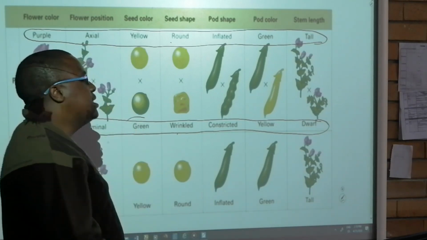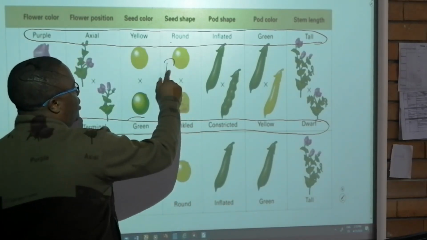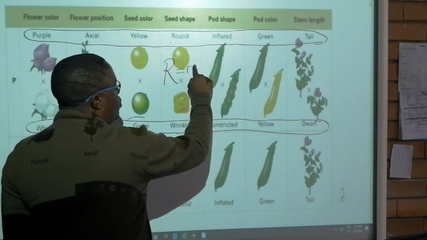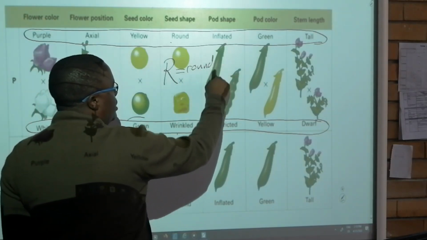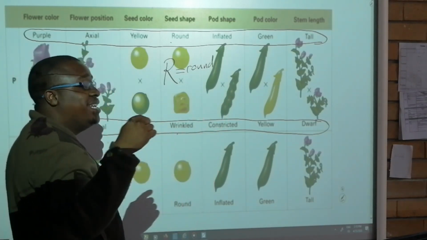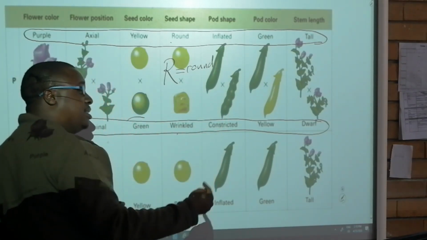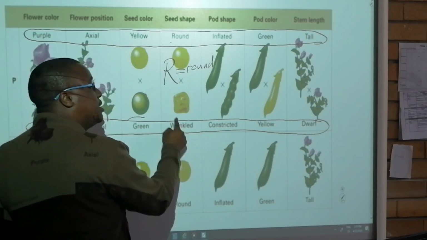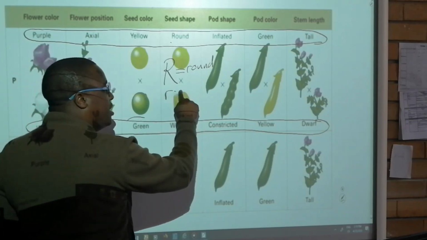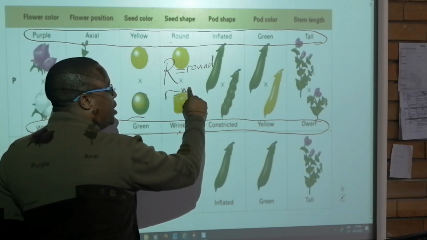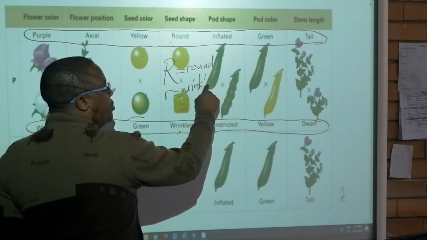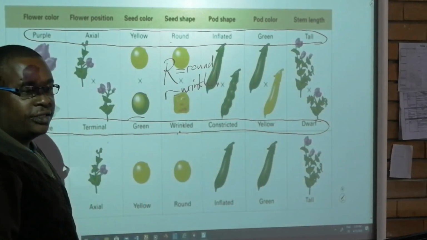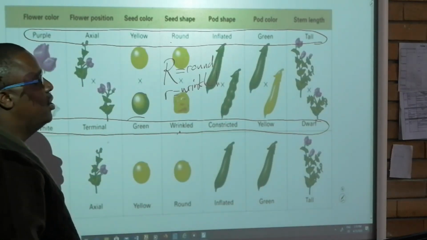We take the capital letter R, which will denote round. And for the recessive, which is wrinkled, we take the small letter r. I hope you get that.